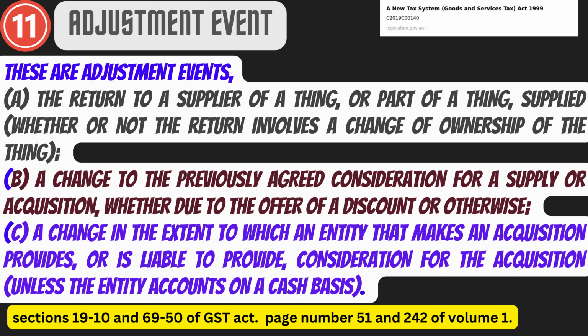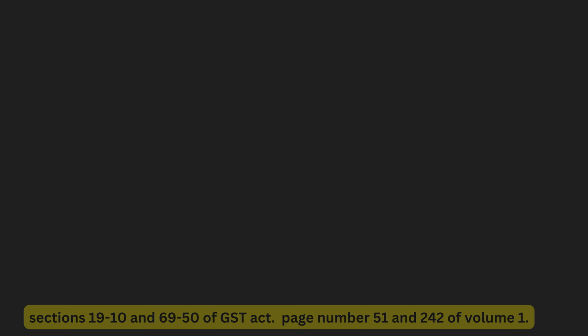B. A change to the previously agreed consideration for a supply or acquisition, whether due to the offer of a discount or otherwise. C. A change in the extent to which an entity that makes an acquisition provides, or is liable to provide, consideration for the acquisition, unless the entity accounts on a cash basis.